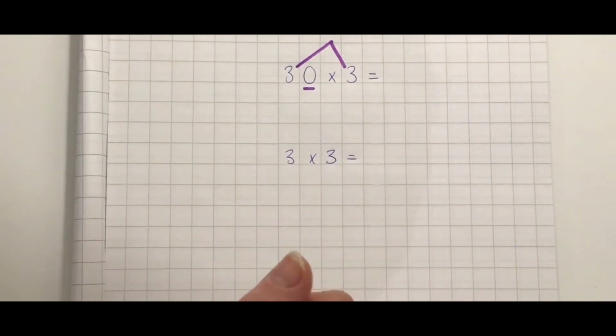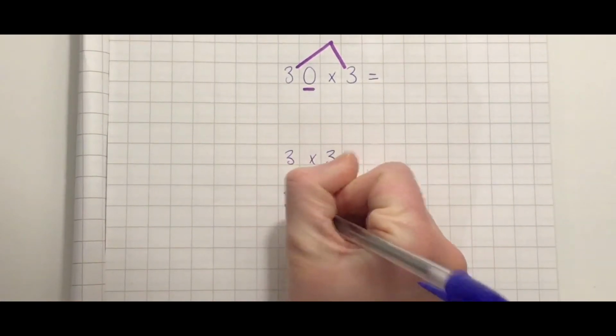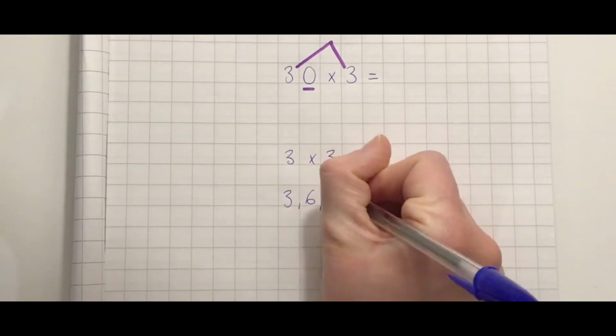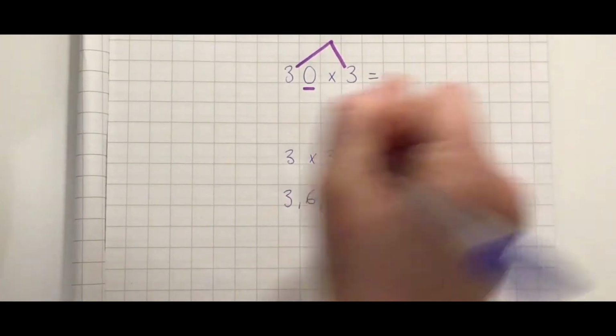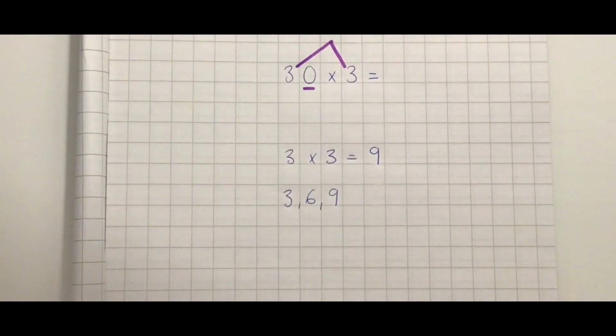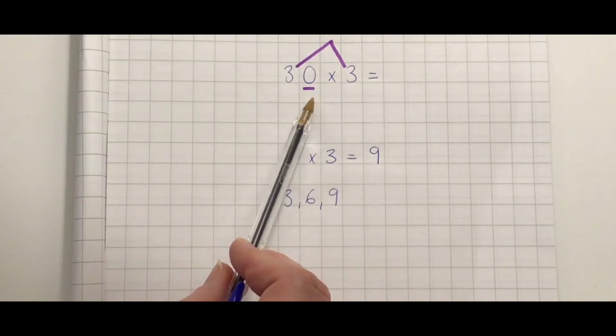So let's count up in multiples of 3. So we have 3, 6, 9. So 3 times 3 equals 9. Now if we know 3 times 3, then we know 30 times 3. So at the beginning we had to ignore this 0 here, okay?